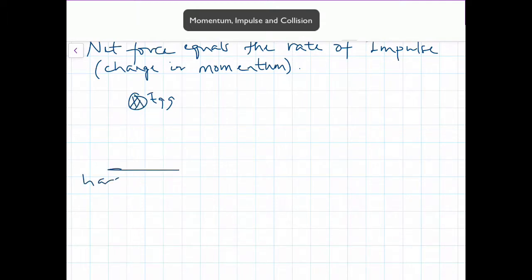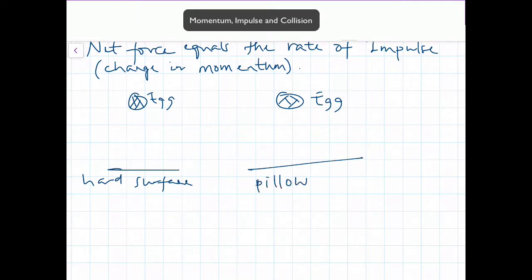And here you have another egg, and you drop it on a soft surface, let's say on a mattress or pillow. Here you let it go, and when it hits the ground, most likely it will break. But when you drop it on a pillow, it is going to have a chance to survive.